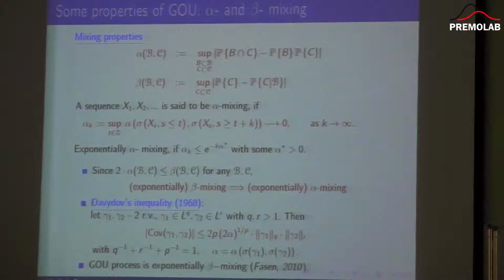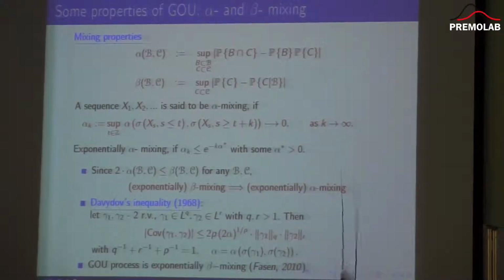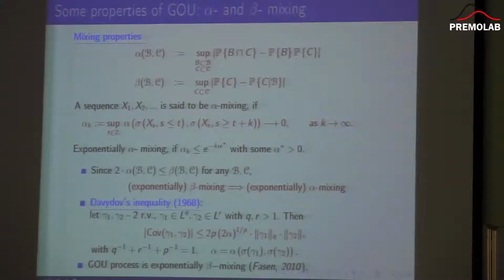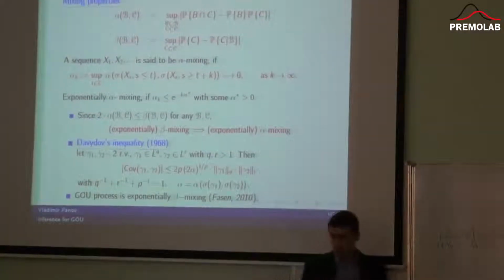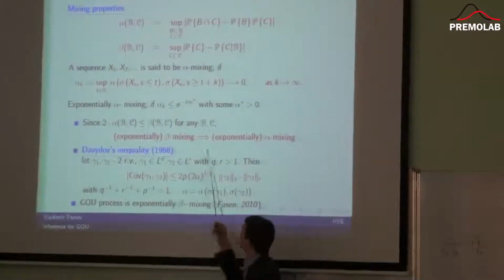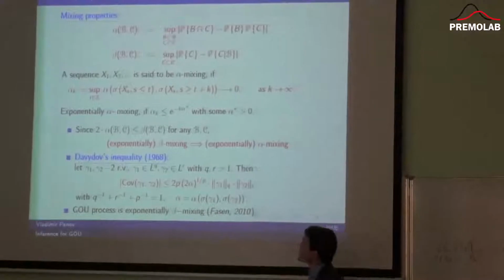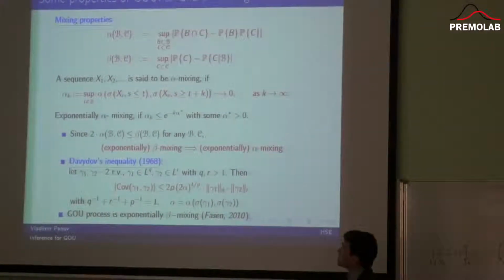If these coefficients alpha k tend to 0 as k tends to infinity, then the sequence is said to be alpha mixing. And moreover, if it tends to 0 at an exponential rate, then the sequence is called exponentially alpha mixing.